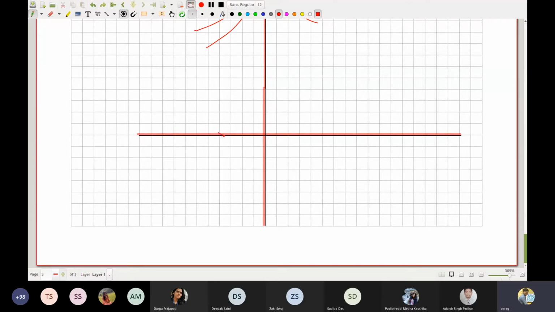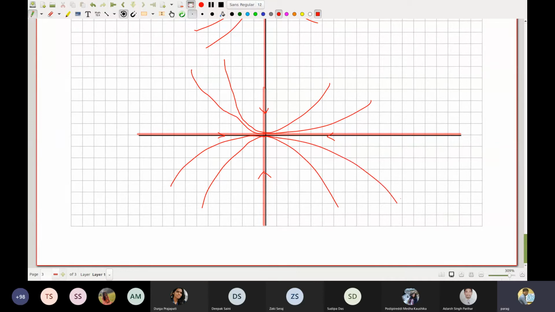So this is converging, this is also converging. The curves are not very elegant, so excuse me for that. It's difficult to draw. So now I can draw this also. In this case also everything is converging to this point 0, 0.